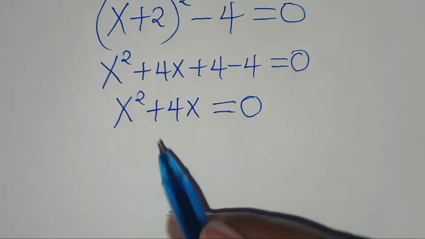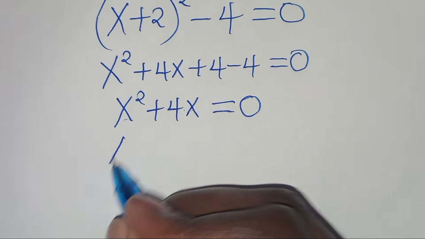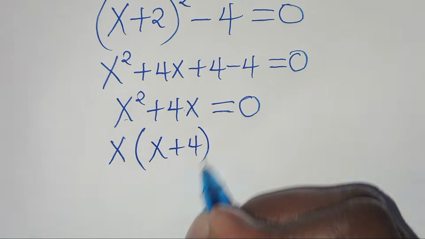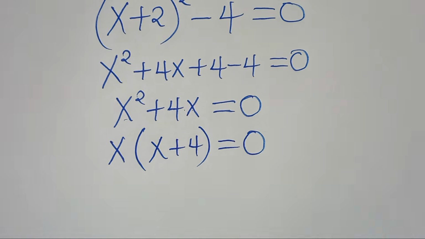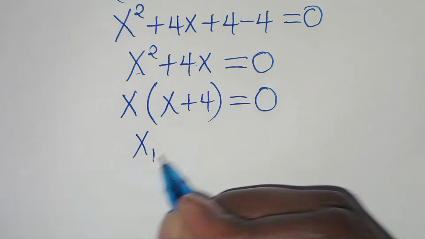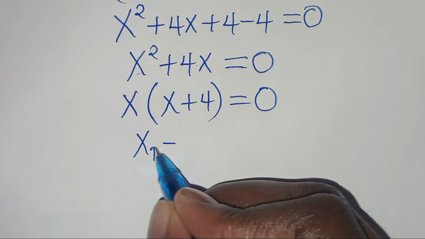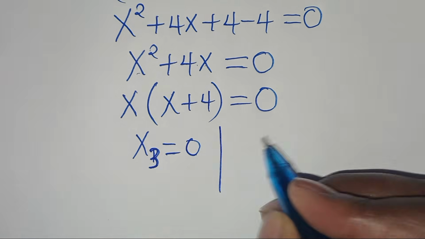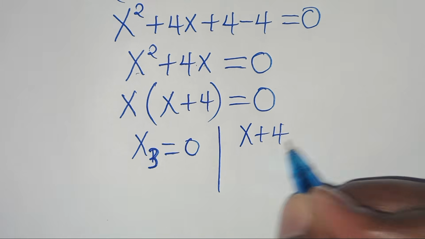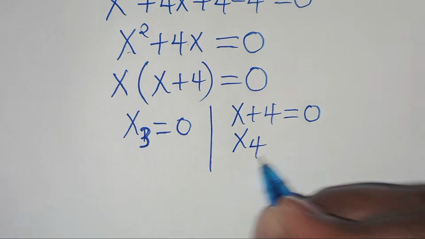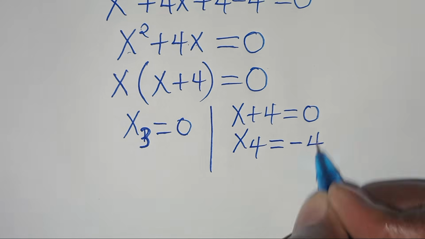Now, x is common here. We can factor out x, so this is x(x + 4) = 0. Let's call this x3, equal to 0, and x + 4 = 0, so x4 is equal to minus 4.